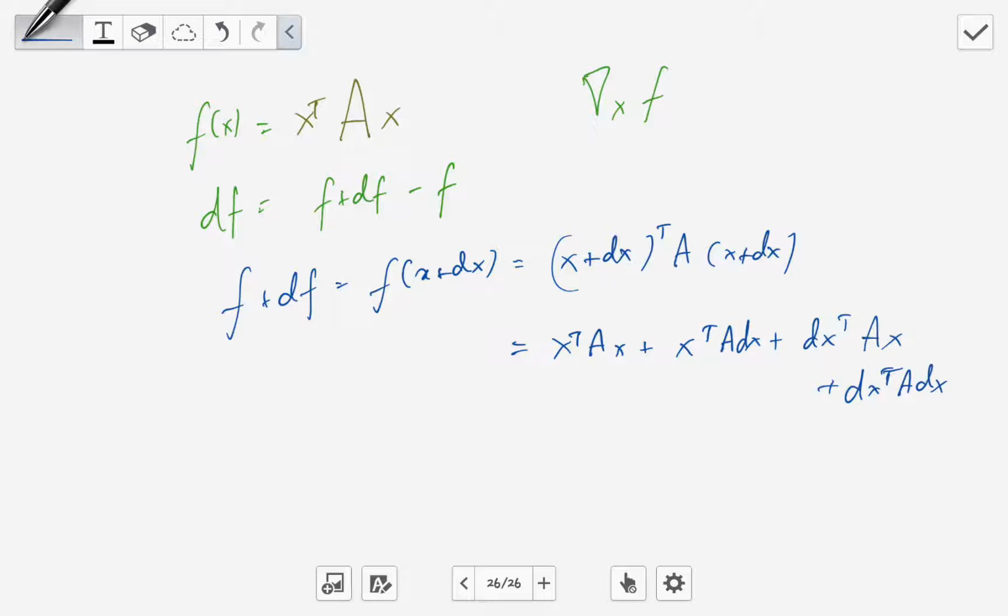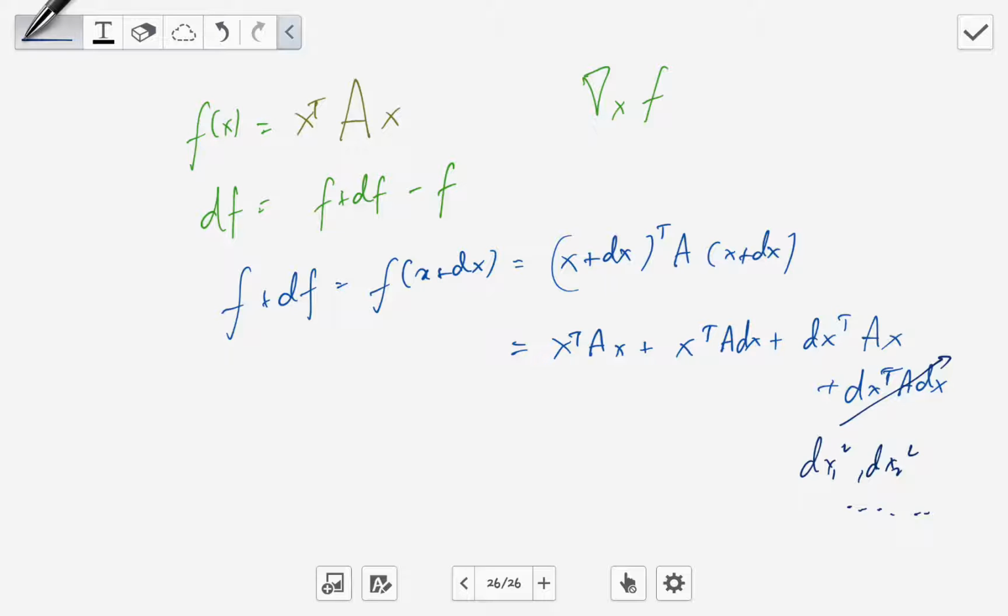Do you see that? But then we now neglect this because we don't want dx squares. This will have dx1 square, dx2 square, and so on. We usually, in simple calculus, neglect this.